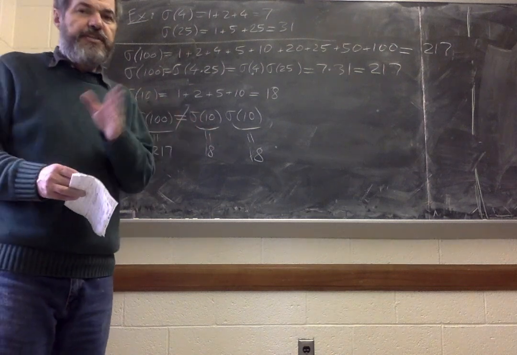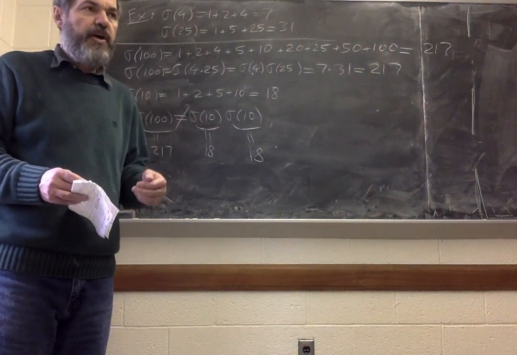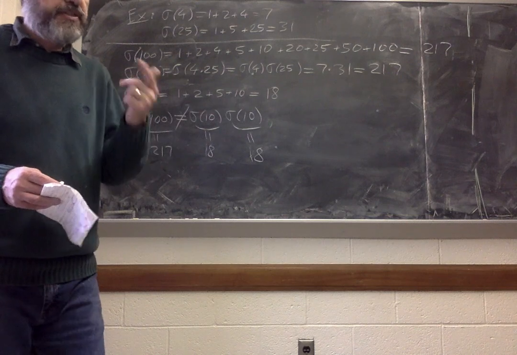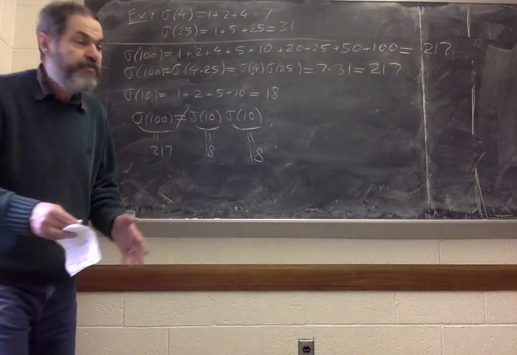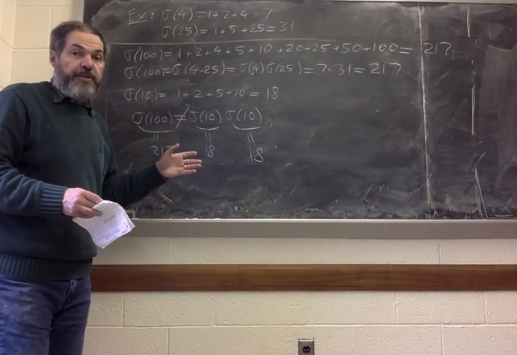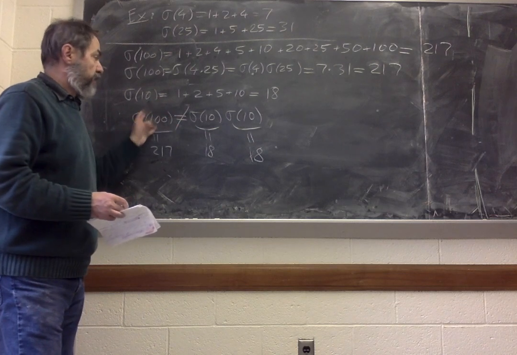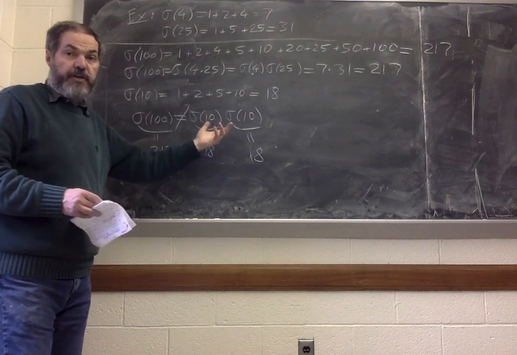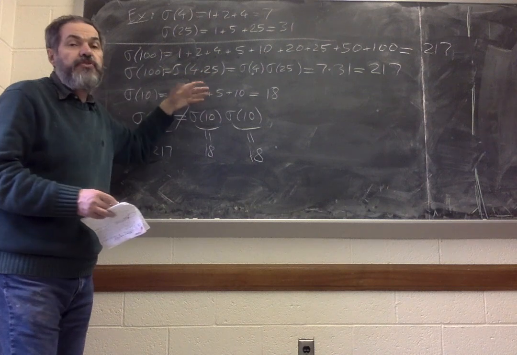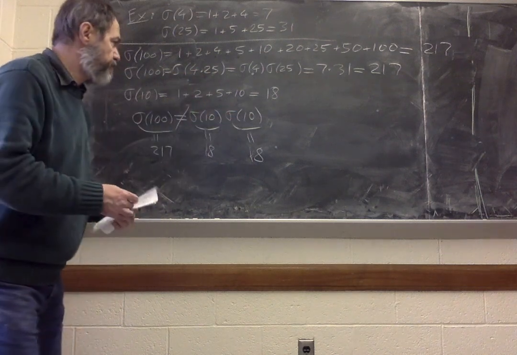For every single arithmetic function we discussed so far, Euler function, number of divisors, sum of divisors, we can use this property. Sigma of a number is equal to the product, but the two numbers need to be relatively prime.